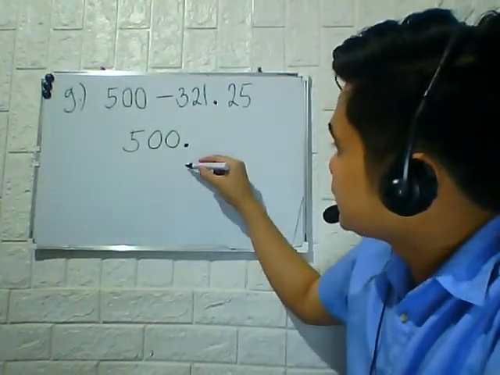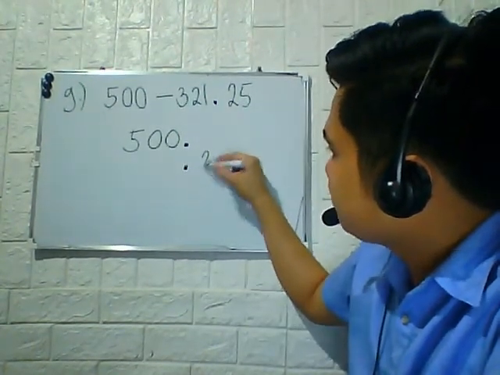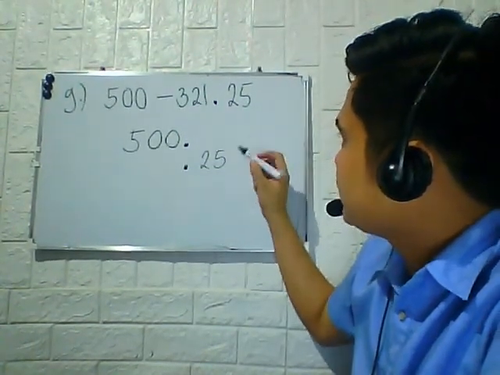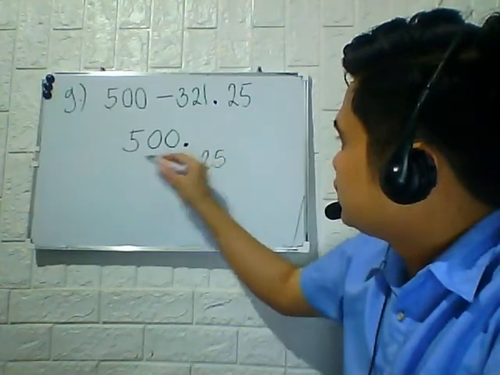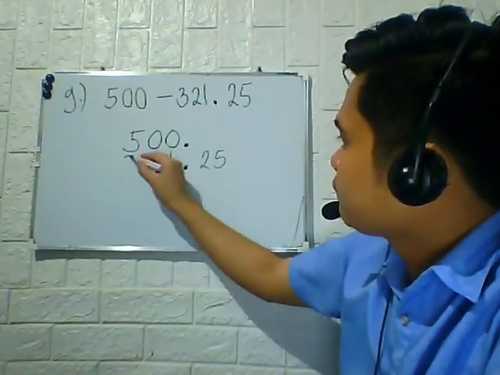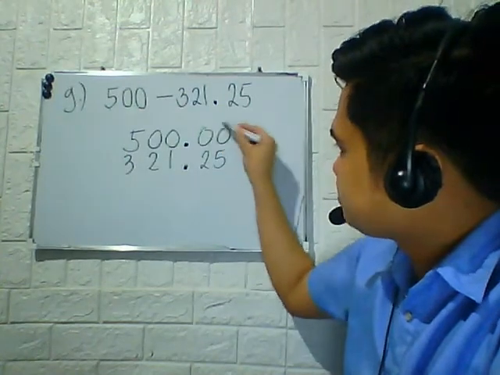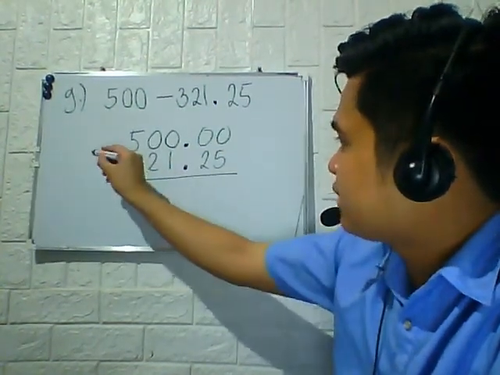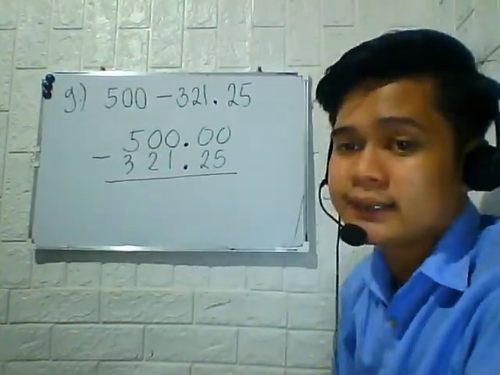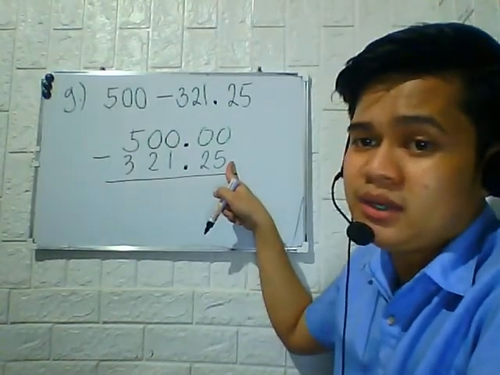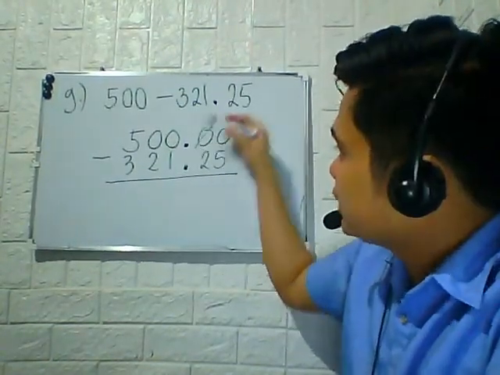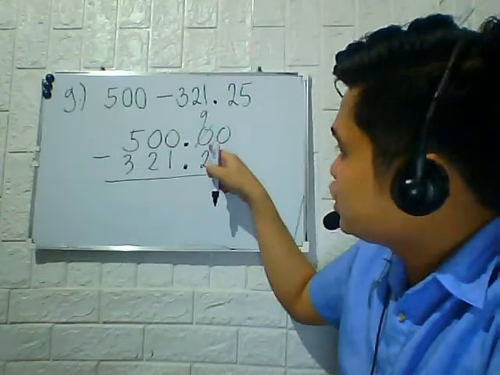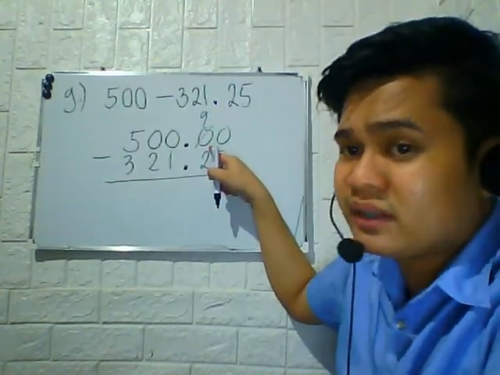Now, let's align the decimal point of 321.25. And we have 321 here. And don't forget the zeros. And that we are subtracting. We are not adding. 0 minus 5 cannot be. We borrow 1 from 0. 0 becomes 9. But since you borrowed from 0, 0 has nothing to give you.